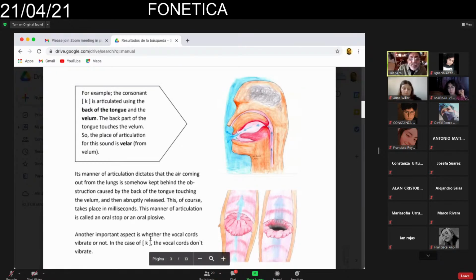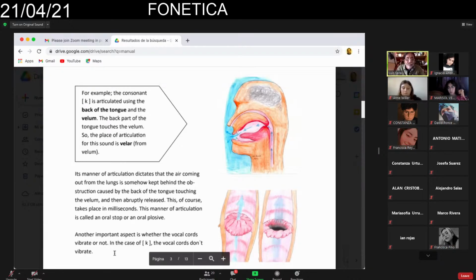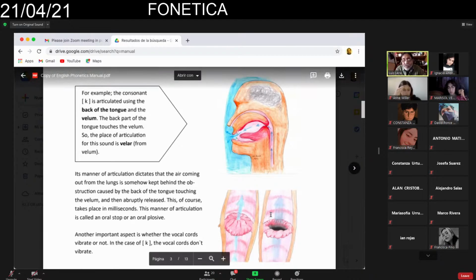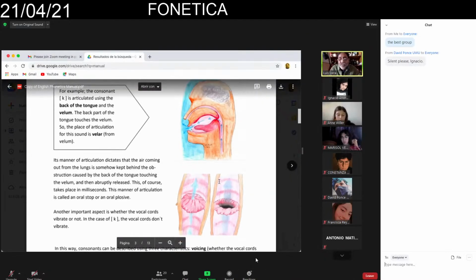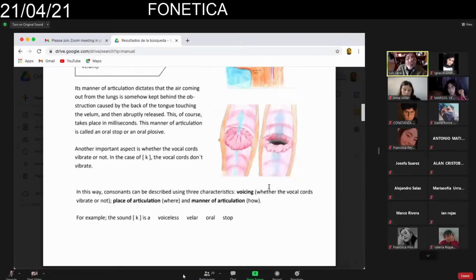Another important aspect is whether the vocal cords vibrate or not. In the case of k, the vocal cords don't vibrate, okay? In this way, consonants can be described using three characteristics: voicing, whether the vocal cords vibrate or not; place of articulation, where; and manner of articulation, how.